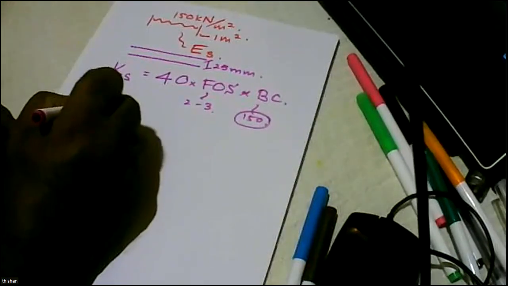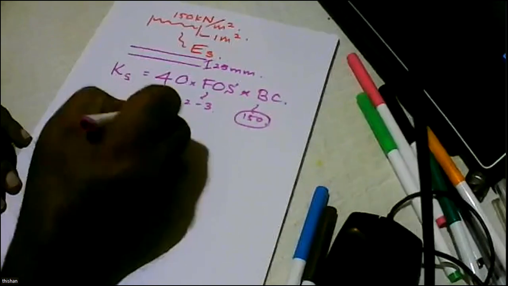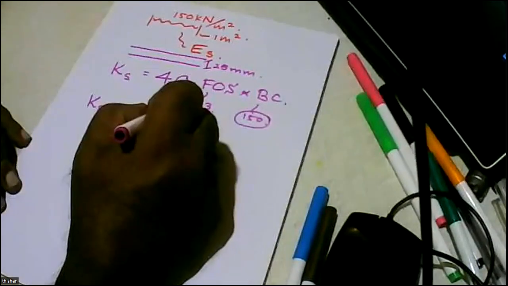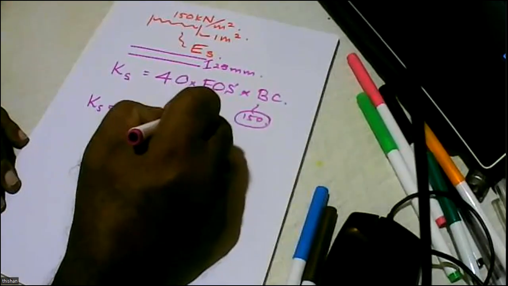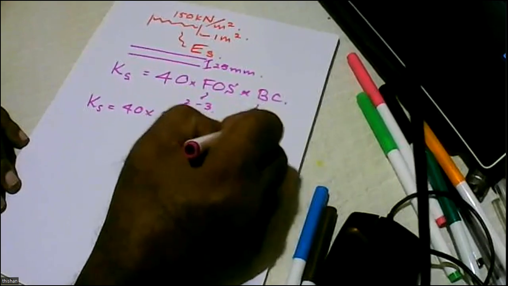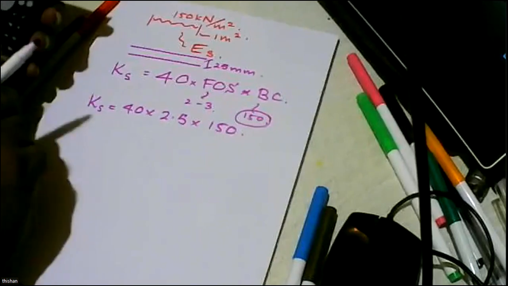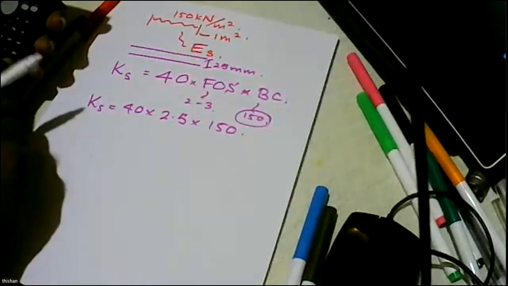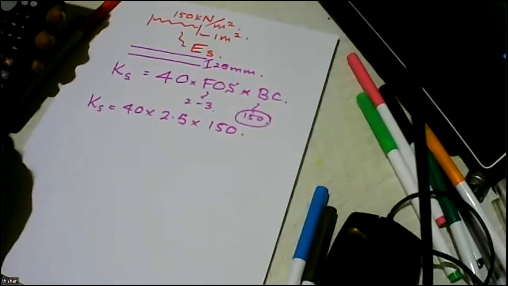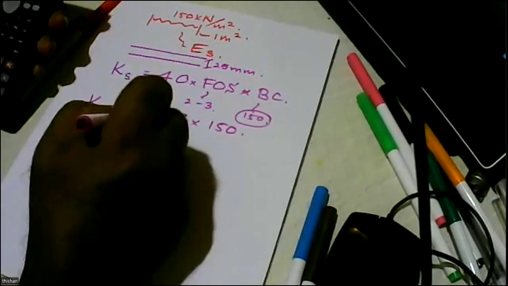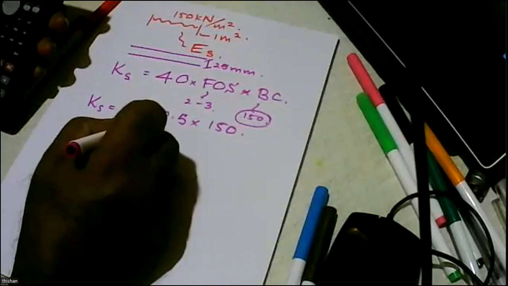So the subgrade reaction is 40 multiplied by, let's say, a factor of safety of 2.5, multiplied by 150. So I'm getting a value of 15,000.